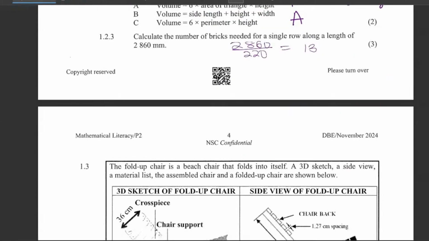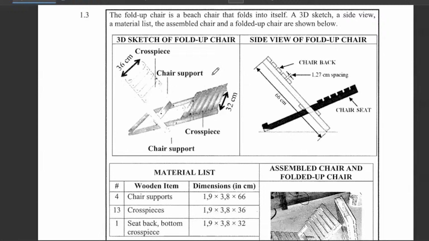13 of them. 1.3. The fold-up chair is a bench chair that folds into itself. A 3D sketch, a side view, a material list, and the assembled chair and the folded up chair are shown below.